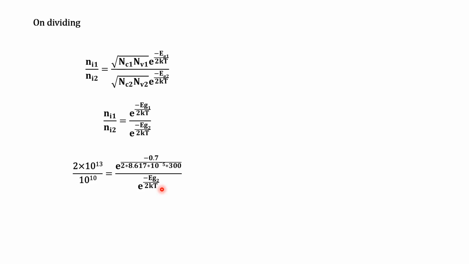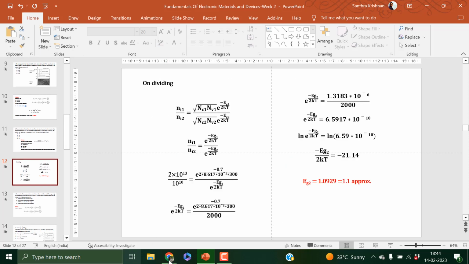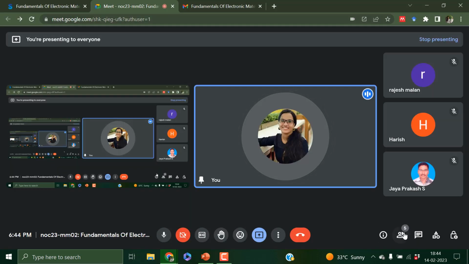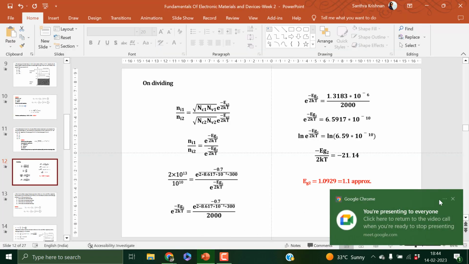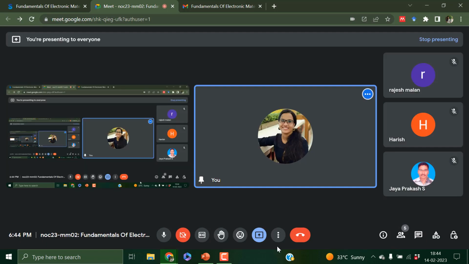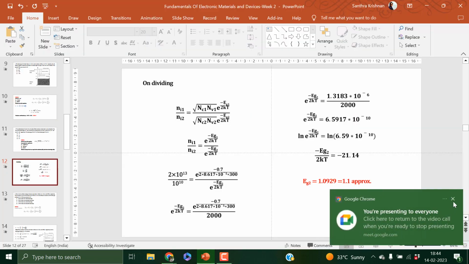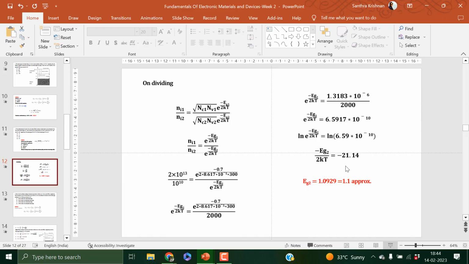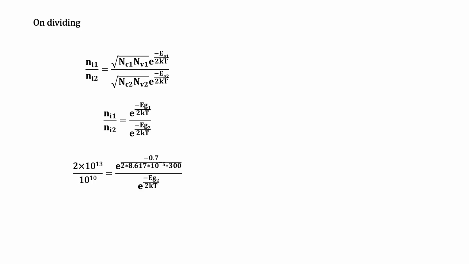So Harish and three people are there. One person left, I think. So the rest, are you all solving in the same way? Rajesh, Harish, and Jayaprakash. So are you able to solve in the same route or are you getting stuck anywhere? Please let me know.